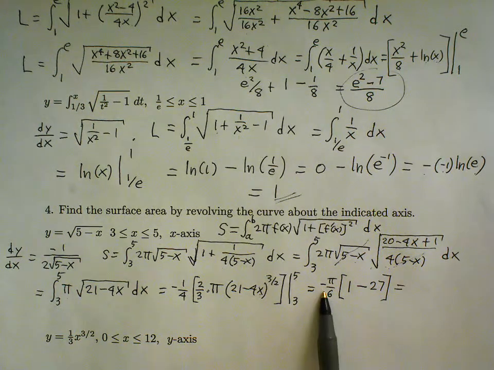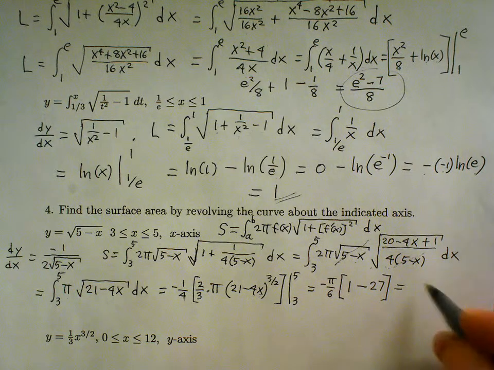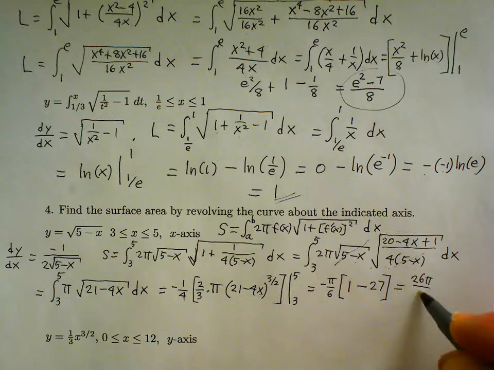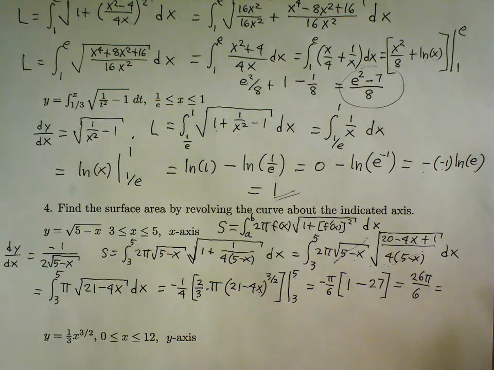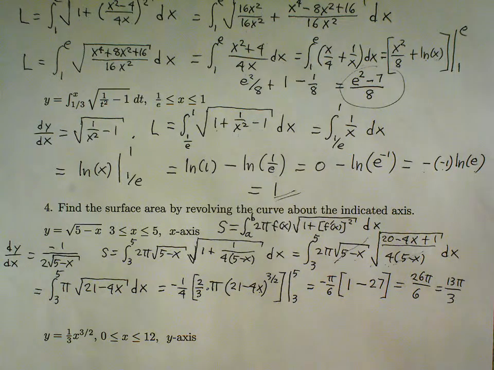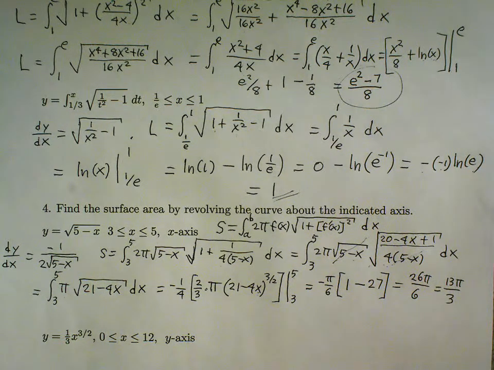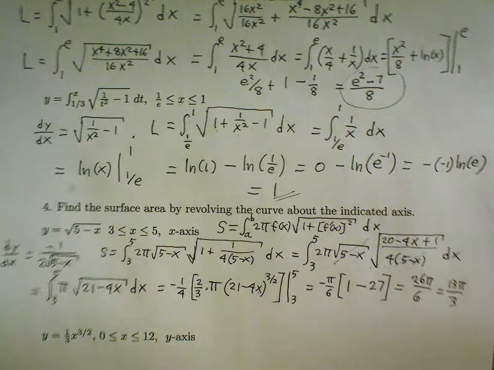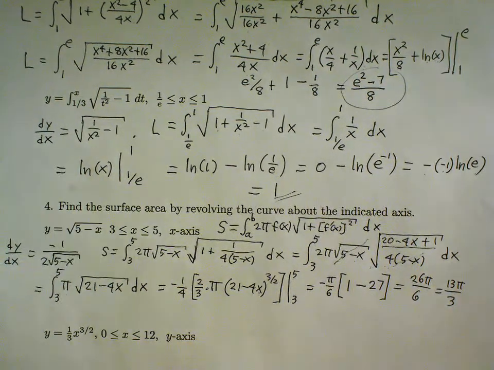Negative pi over 6 times negative 26 is positive 26 pi over 6, which in lowest terms is 13 pi over 3 square units, since it's the surface area. Okay, are we all in agreement on that one?